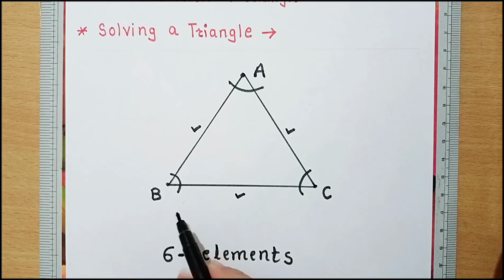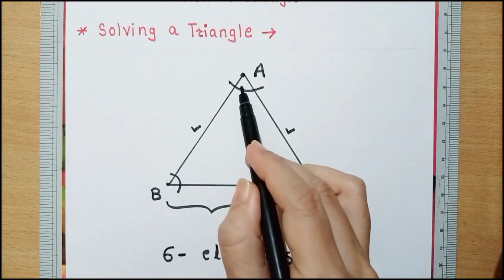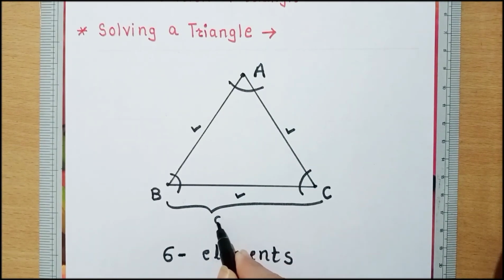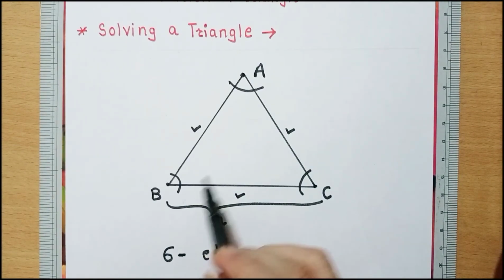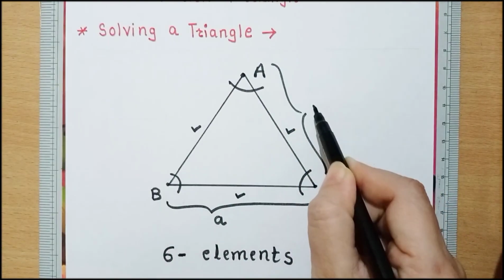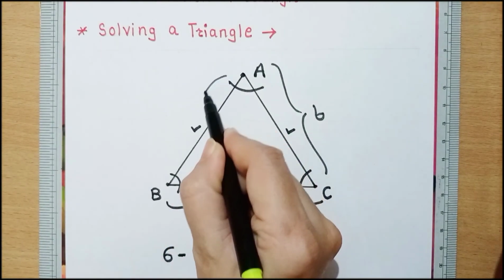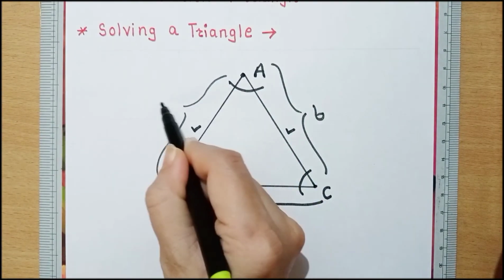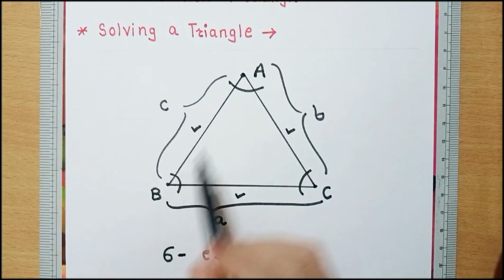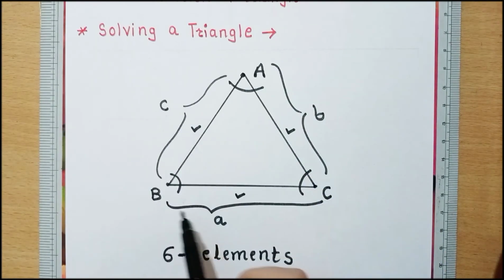And also we have to consider the length of the side opposite to angle capital A as small a, the length of the side opposite to capital B as small b, and opposite to C as small c. Again keep in mind capital A, B, C are angles and small a, b, c are lengths of the sides.